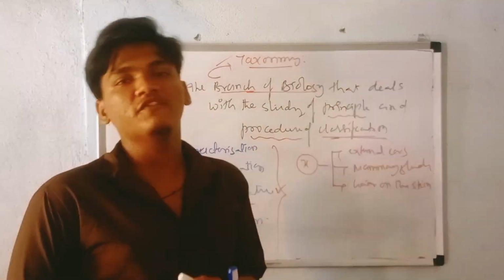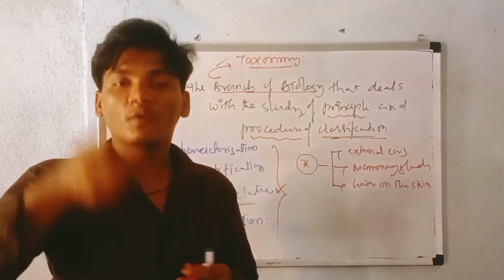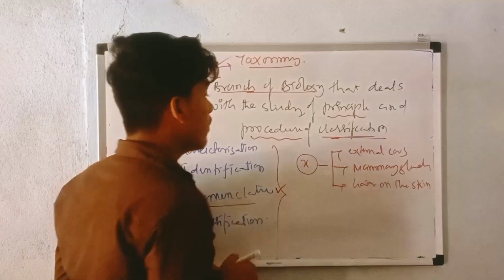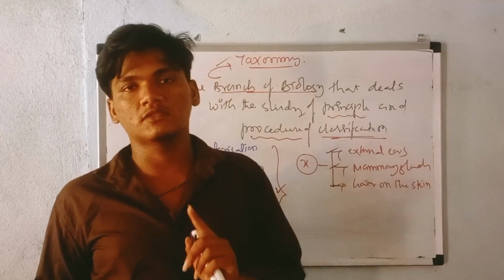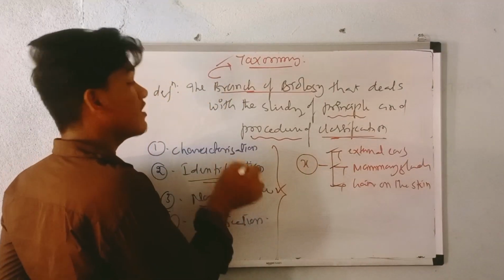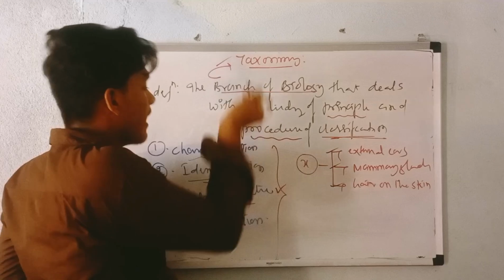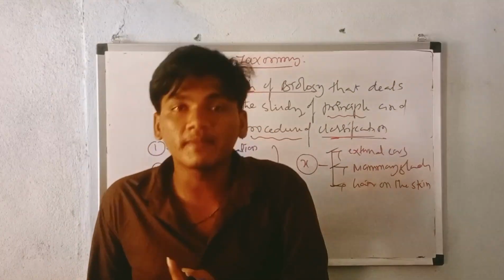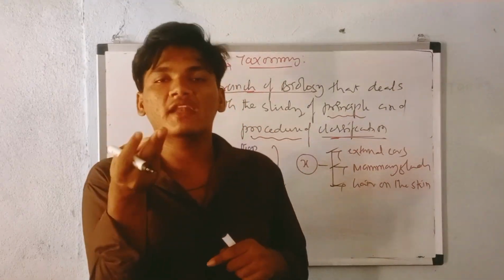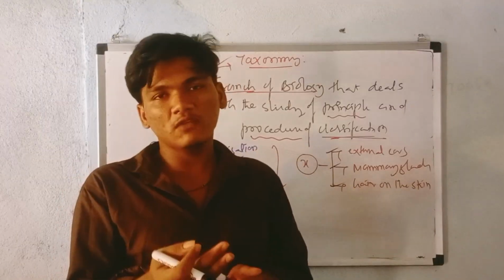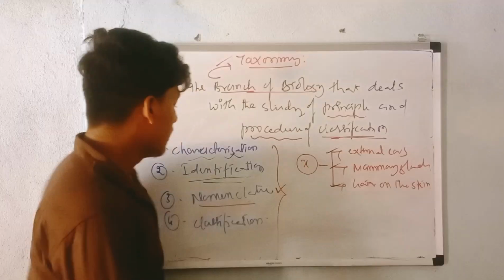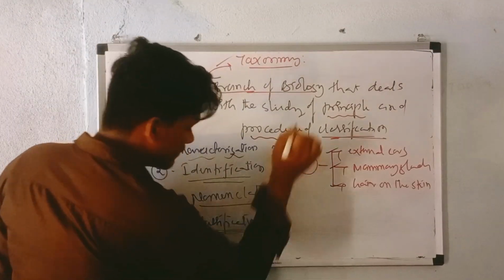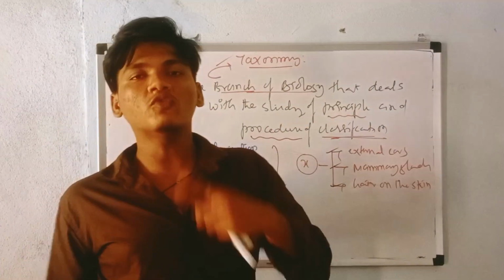Once you have noted them, you identify the similar organism which has these characters. And you name the organism. For this X organism, you give a name in Latin. After naming that, what do you do? You classify. The last step of taxonomy is to classify.